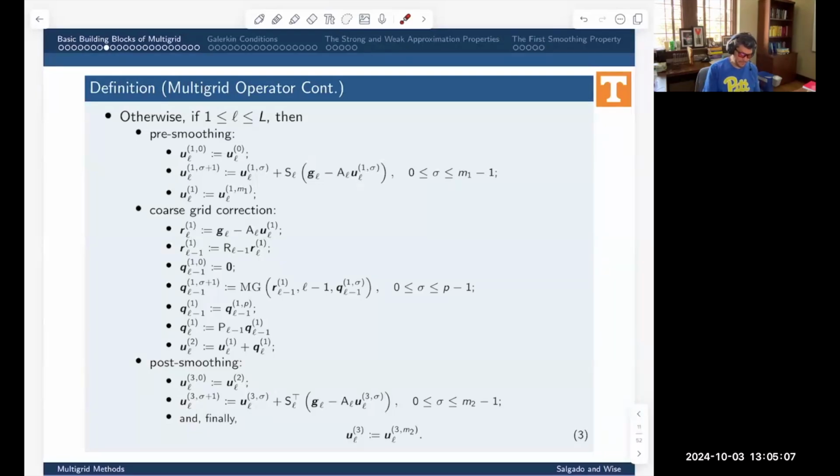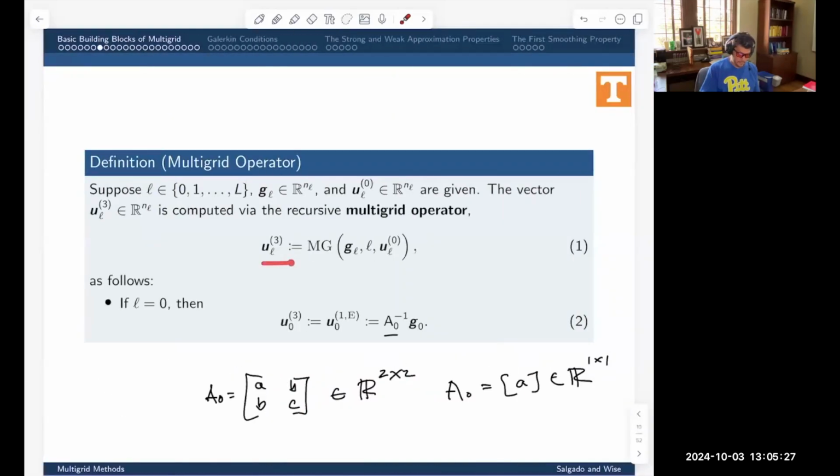Just use the same iterator, but with a transpose here. All right, and we do M2 steps here, so that our last output is u_L^{3,M2}, and that we're going to set as our u_L^3. That's going to be the thing that exits, or that we throw back to the user on exit from the multigrid algorithm.